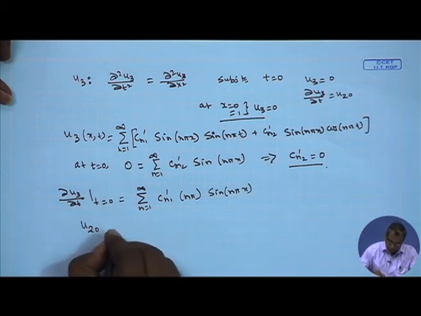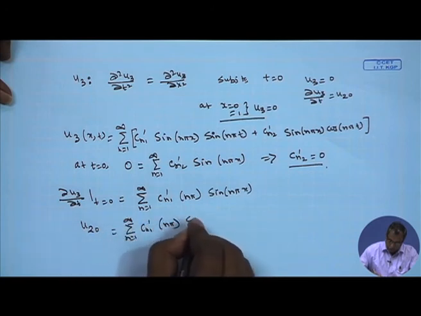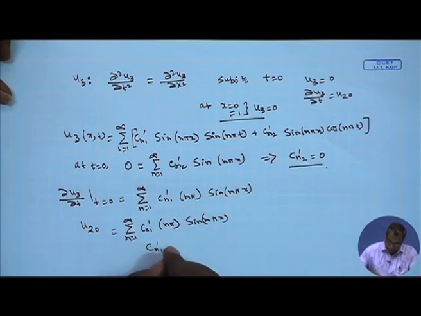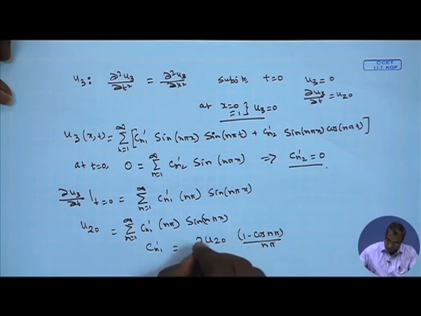So, I will have u2 naught equal to the summation n is equal to 1 to infinity c n 1 prime n pi sin n pi x, and I can evaluate c n 1 prime as u2 naught times 1 minus cosine n pi divided by n pi, with a 2 over here and n pi.